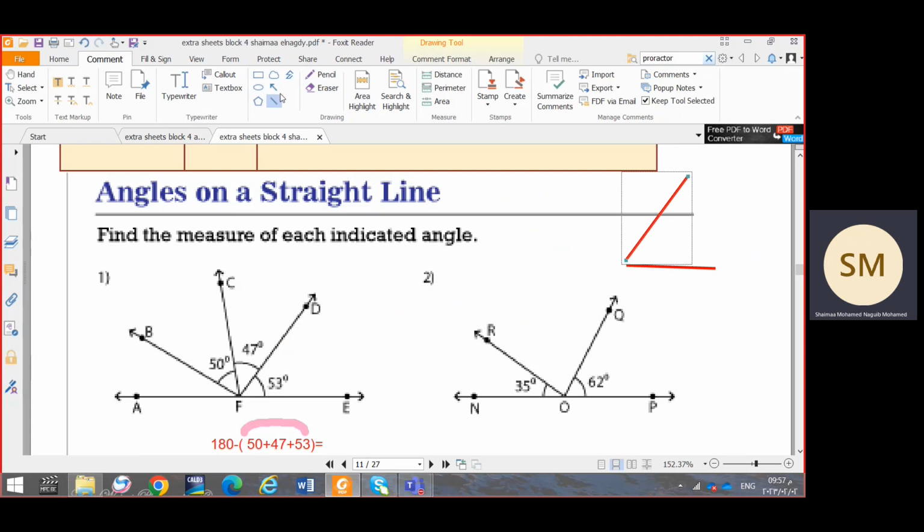And what about this one? Okay, I will make it like this. This is obtuse angle and this is more than 90 degree and less than 180.